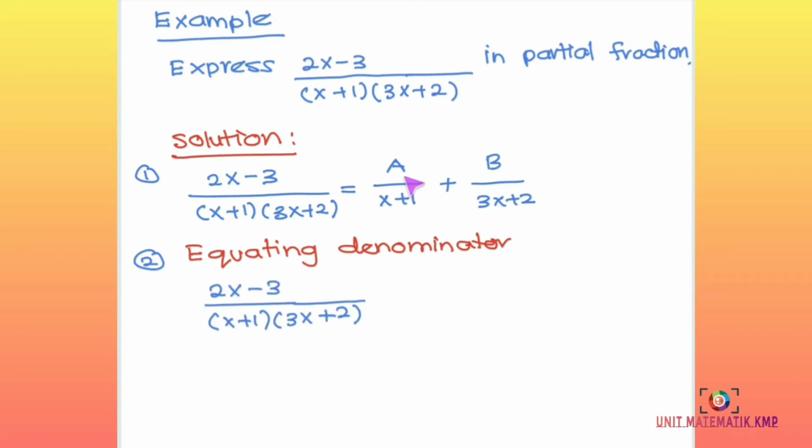A already has the denominator of x + 1, but it does not have 3x + 2, so A must multiply with 3x + 2. B already has 3x + 2, but still does not have x + 1, so B must multiply with x + 1. Now the whole thing has the same denominator as the left hand side.